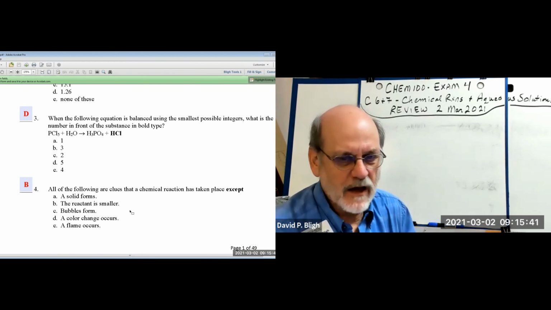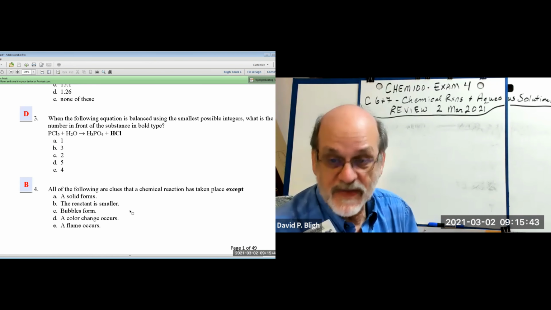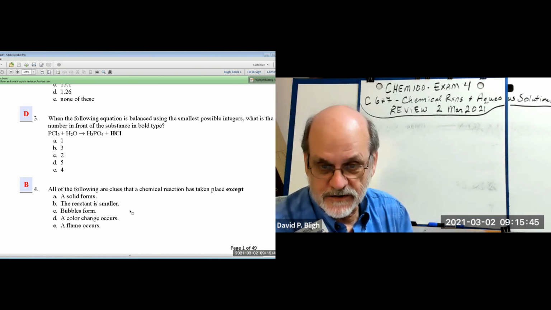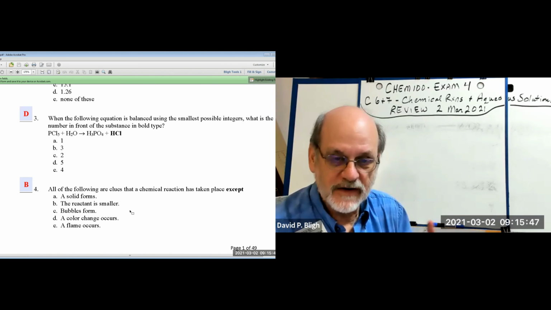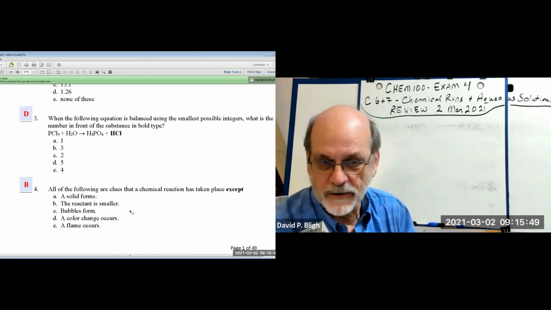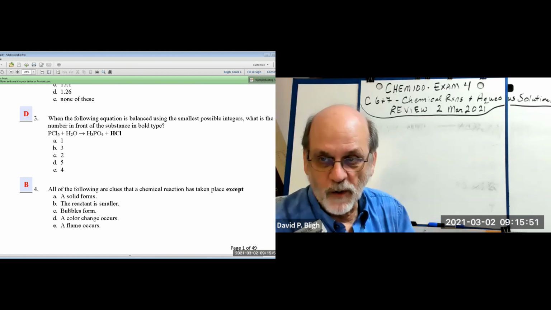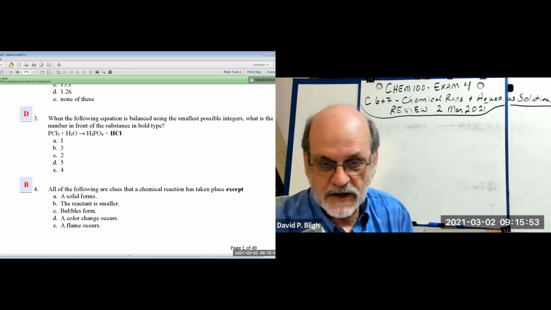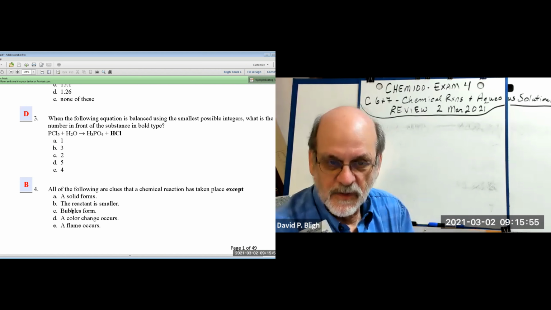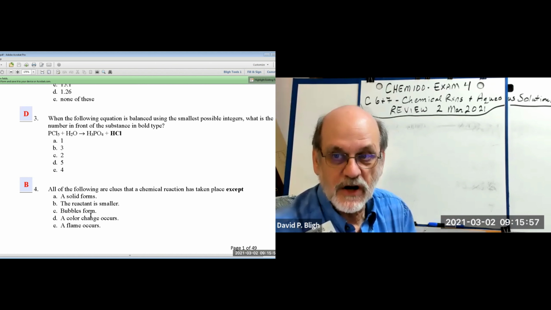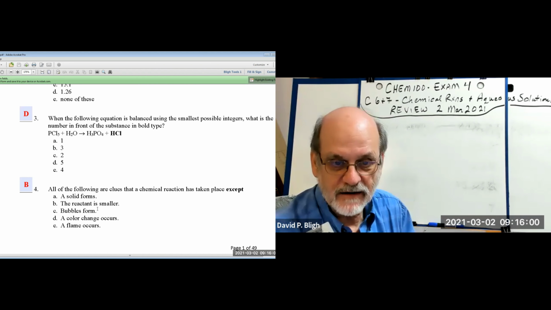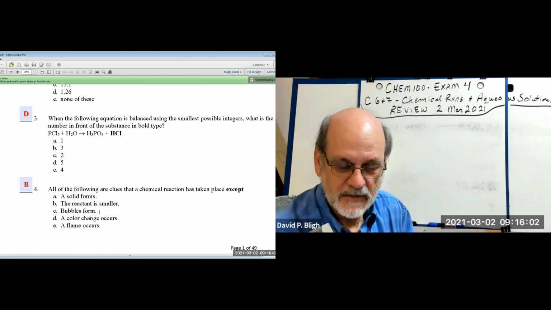So B by itself would be the answer to the question, because it's not in and of itself an indicator of a reaction occurring. Now, if bubbles are forming, and of course you've got a contained environment, bubbles forming does indicate the production of a gas, and that indicates a reaction.